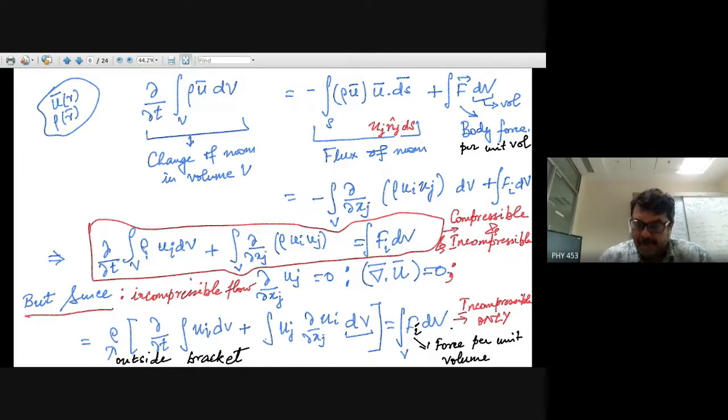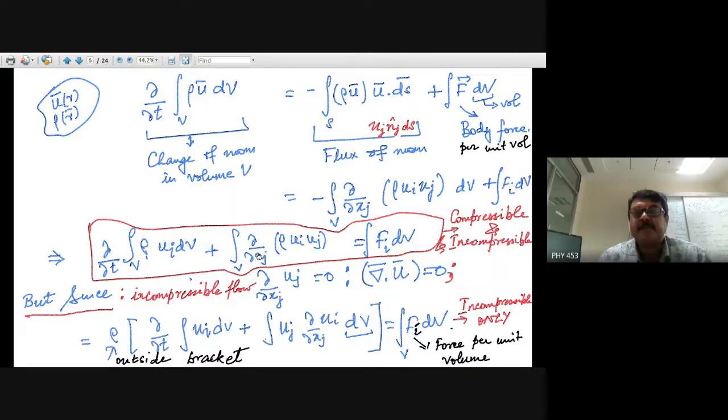But if you talk about incompressible flow, and I remind you that you can have incompressible flow, divergence u equal to 0, even in a compressible fluid, as long as Mach number is less than 0.3 or 0.1, right? So Mach number has to be low. And so what I've written is not incompressible fluid, but incompressible flow. Then, as I've shown previously from the conservation of mass equation, the divergence u equal to 0 holds.